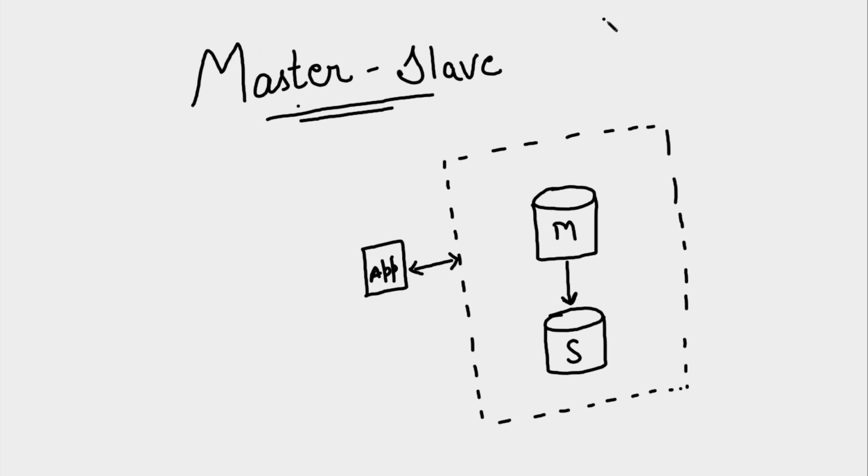If a write request is coming to this cluster, then there will be a kind of logic or orchestration layer, most probably coming with the database setup itself. That will redirect your write request to the master, and the master will write that data first into its server, and then will send a request to the slave as well.